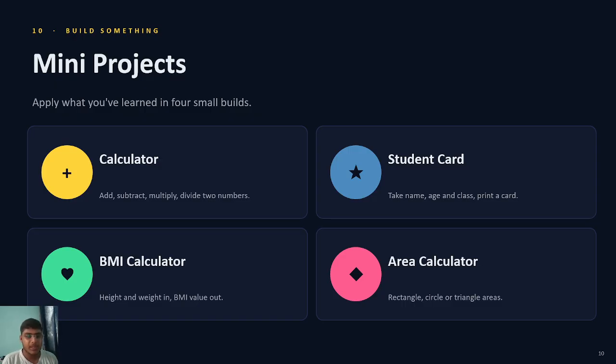Then write BMI equals weight divided by height to the power 2. Then print your BMI and your BMI calculator is ready. In an area calculator, you can write the length and width, taking floating input from the user, and area is equal to length into width, and by printing the area, you will get your answer.